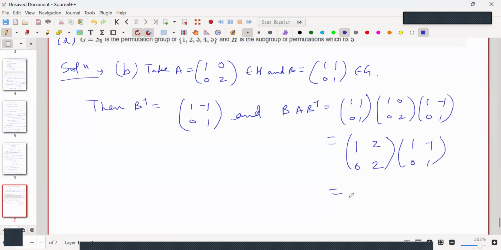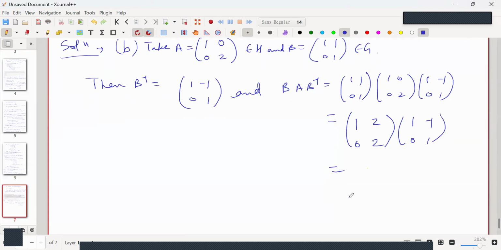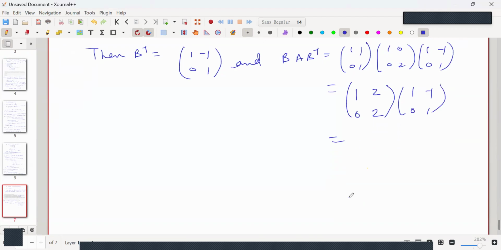Please check the calculation if I'm wrong. Here also, since this is the identity column, the first column will come as it is.